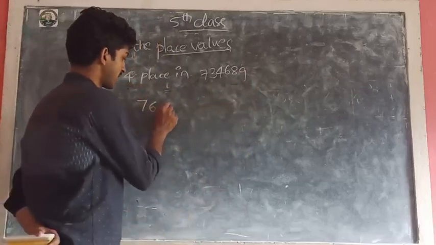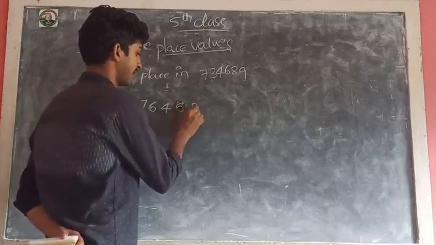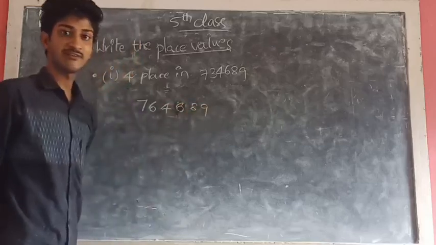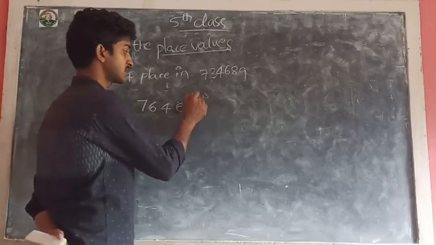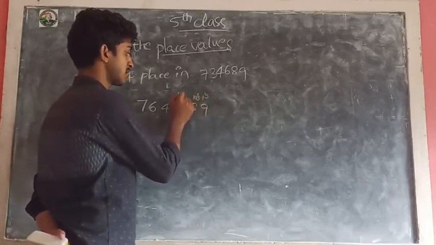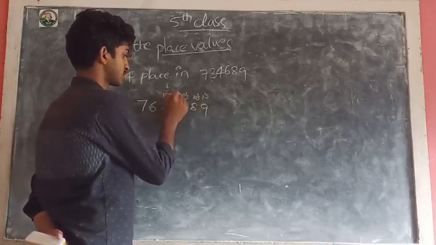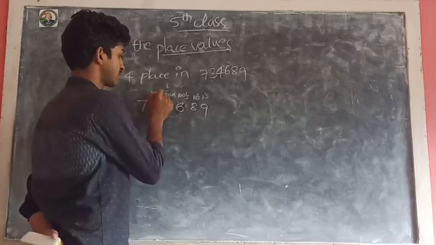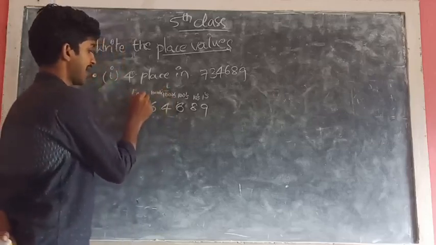This is the number 7, 3, 4, 6, 8, 9. First of all, write the place values of each digit. It is ones place, tens place, hundreds place, thousands place, 10,000s place, and lakhs place.